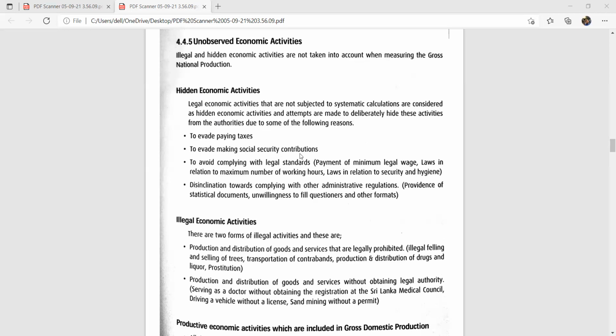Here, EPF, ETF: if workers are recruited, they are supposed to pay EPF, ETF. It's another burden for the employer. They can even escape from it. To avoid complying with legal standards, such as payment of the minimum legal wage. Nowadays, the legal minimum wage for the private sector is 16,000 rupees per month, recently increased to 16,000.